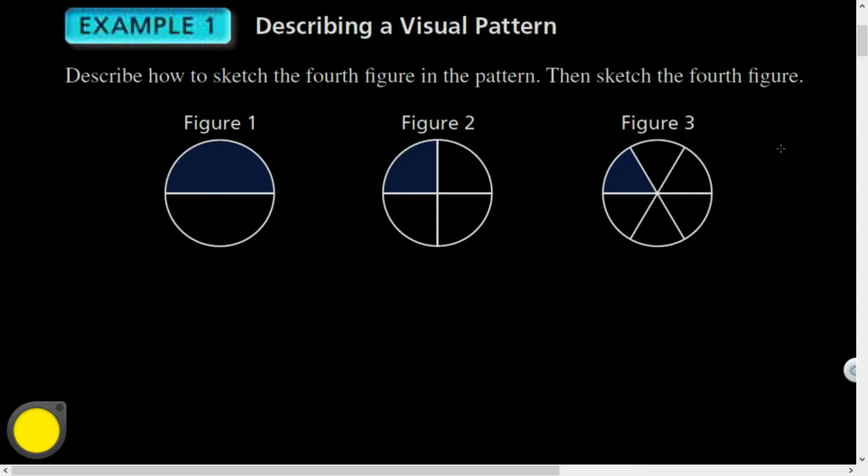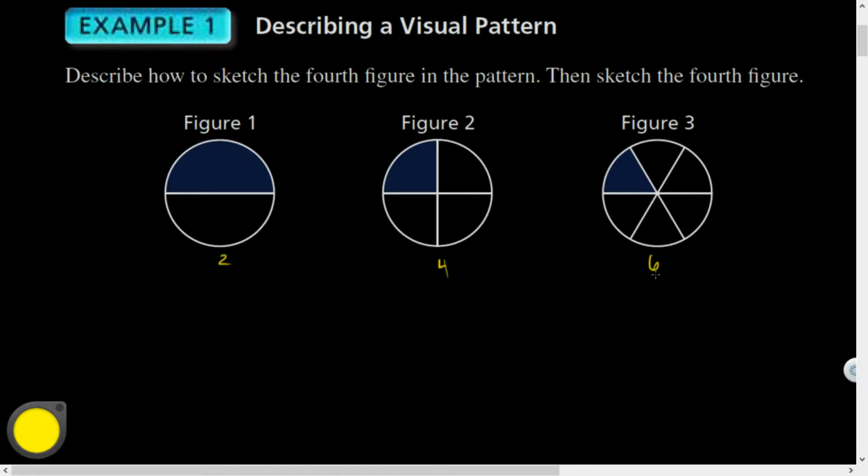Describing a visual pattern. Describe how to sketch the fourth pattern in the figure and then sketch the fourth figure. We could do this in the opposite order if it helps, but does anyone have a way to describe it? Ryan. So originally I had 2 parts, then 4 parts, then 6 parts.